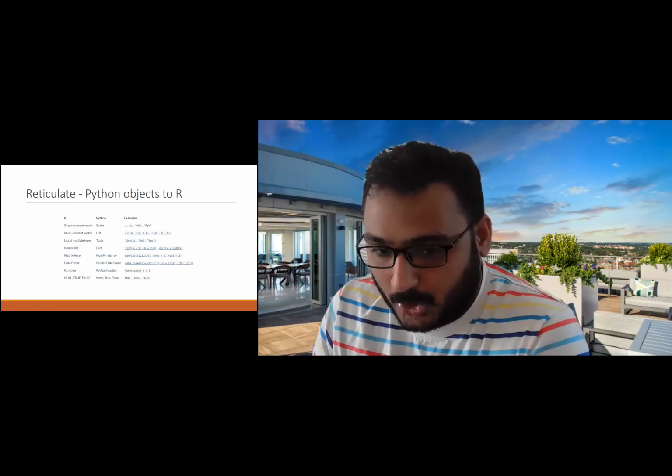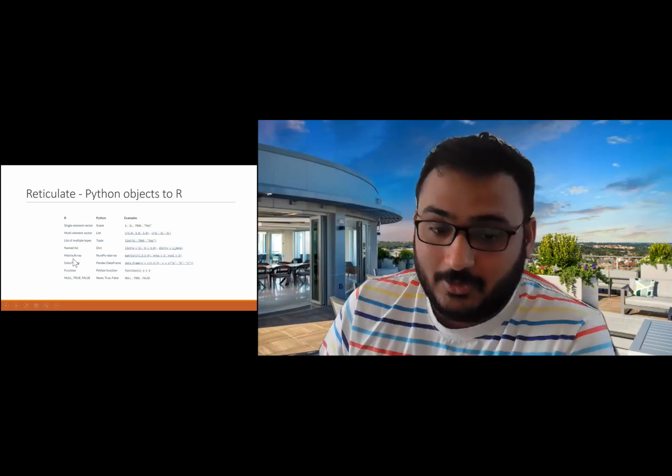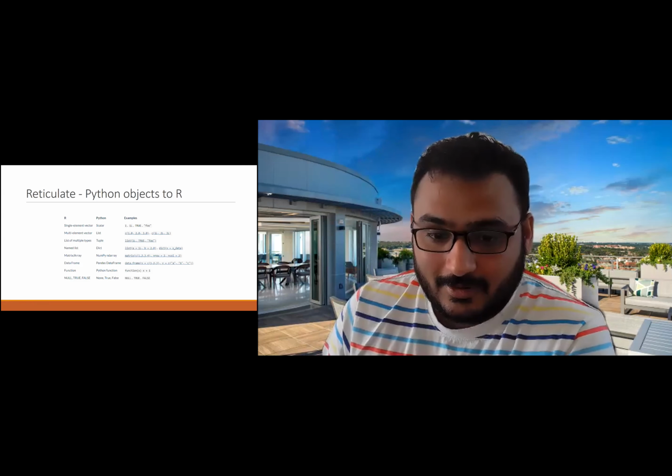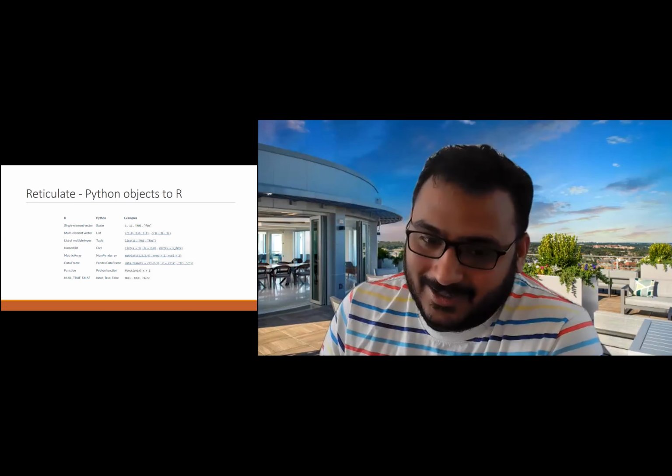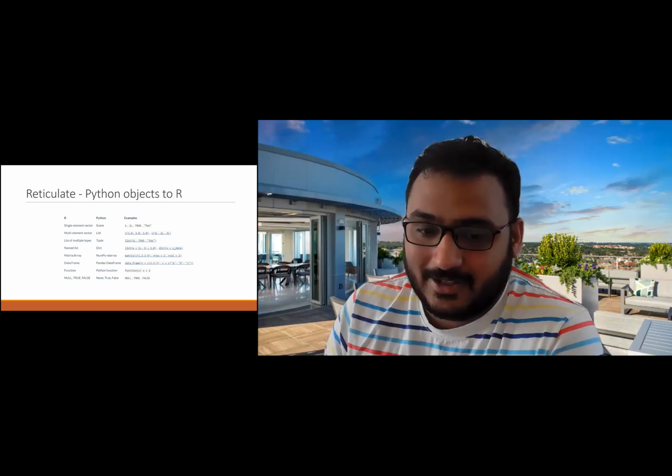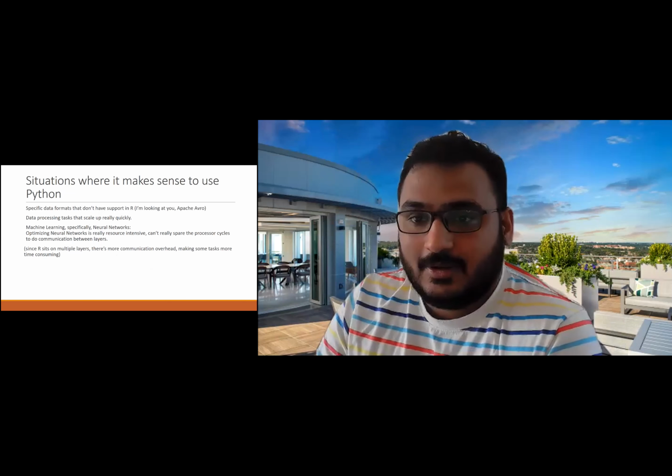So if you're using a data frame in R and converting it to Python, you need to make sure you import pandas. The same thing for matrices and arrays. If you're using a matrix or array in R and you're importing it to Python, make sure you import NumPy. Otherwise, it's not going to work. This is where using Miniconda comes in handy because it already has NumPy, it already has pandas.